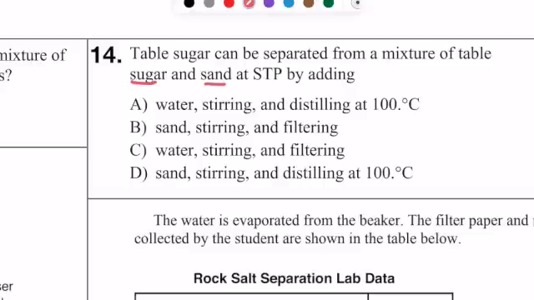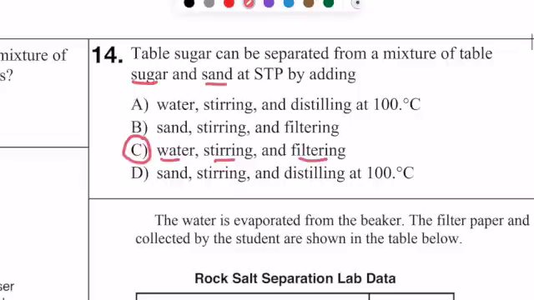Filtration is going to get the sand on top of the filter paper, and then we are going to evaporate the water from the rest to get the sugar. So this procedure will be option C, adding the water first, stirring to make the mixture, and then filtering out the sand. Although there will be a fourth step, which will be evaporation, because that is not one of the options, it's fine. We'll just ignore it.